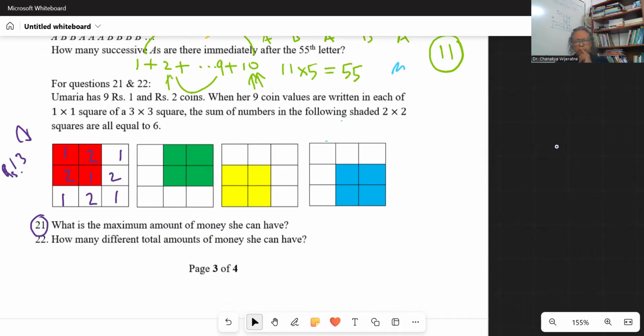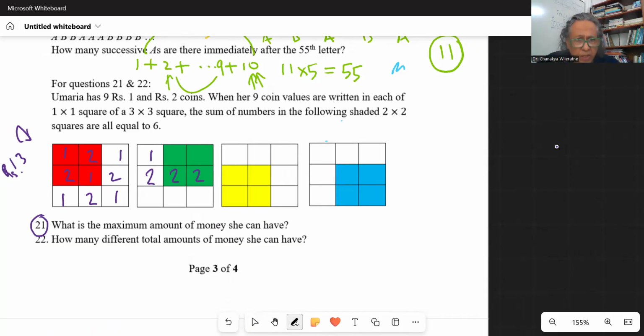Well, how about like this? So if I do it like this, the red box has 2 twos. Green one, of course, has 2 twos. And what about the yellow one? That also has 2 twos. And green, yes.